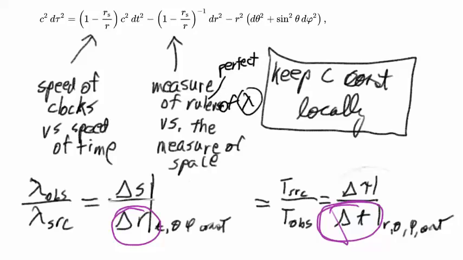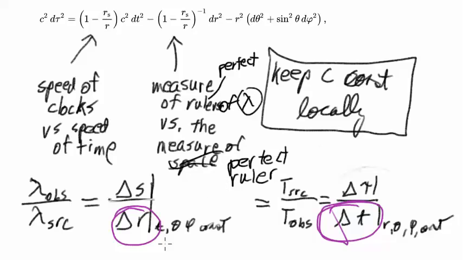Perfect ruler. And when I say the measure of space, it's the measure of the perfect ruler. And that is what's going on here: this thing is comparing two different measures. It's a measure of the wavelength versus the measure of the ruler.